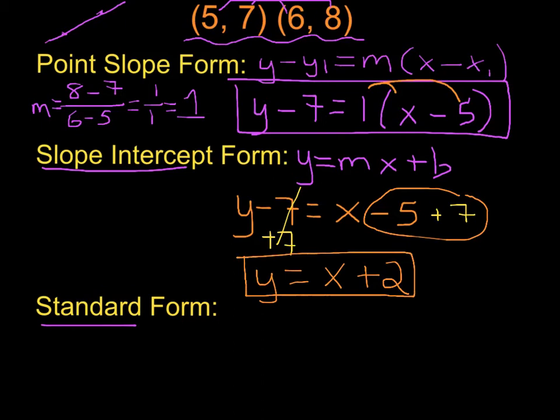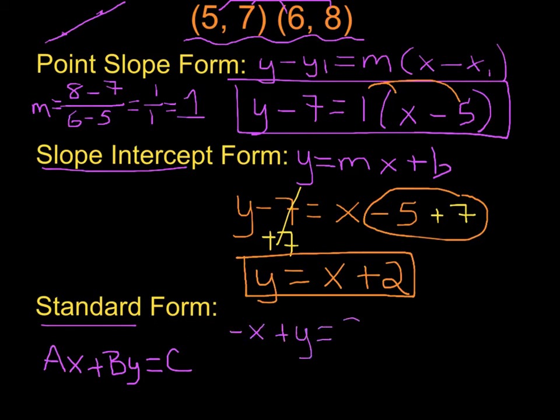And now the last step is to change it to standard form, where you get x and y on the same side of the equation. So I need to subtract x to the other side. So I'll have negative x plus y equals 2.